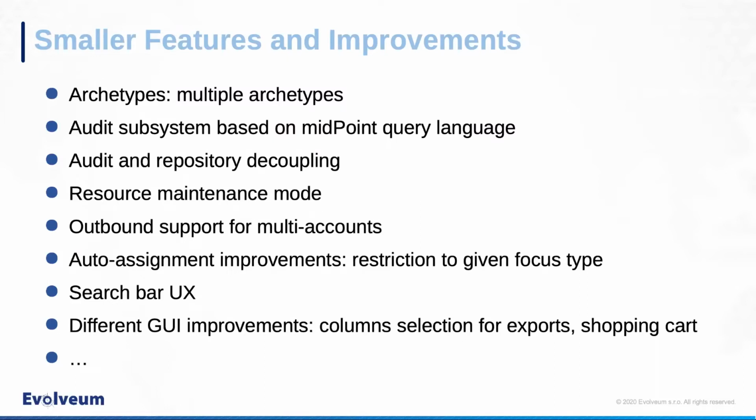The search bar can be found on every page showing a list of objects. The main goal was to simplify the usage of the search. Besides removing some unnecessary clicks, there is also the possibility to predefine a query in system configuration for almost every object. This query can then be used in the graphical user interface just by checking the checkbox.